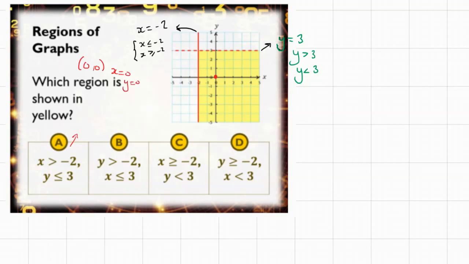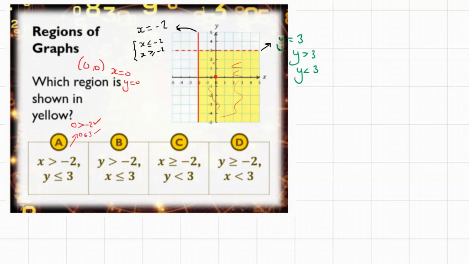That's a coordinate that satisfies these inequalities. We could have picked any of them in here, but 0, 0 is quite easy. So I'm asking the question, is 0 greater than minus 2? Yes. And that's from my x coordinate. Now with my y coordinate, is 0 less than or equal to 3?